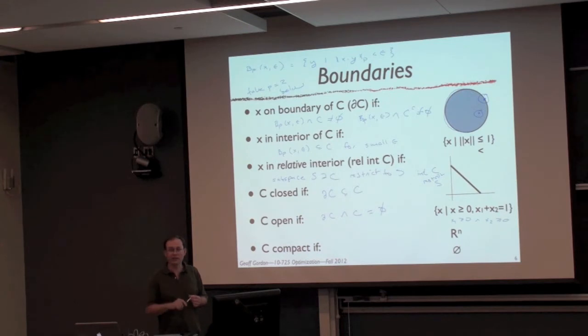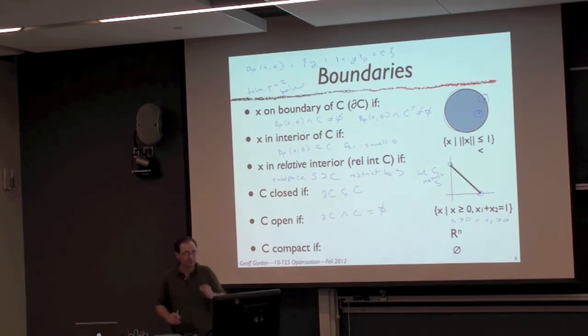Anybody want to guess? Empty, yeah, right, because if you think of any ball around any one of these points, it's not contained within this set. But if we restrict to the subspace where things sum to 1, then the interior is going to wind up being everything except the two end points, which are open. So that's the difference between interior and relative interior.